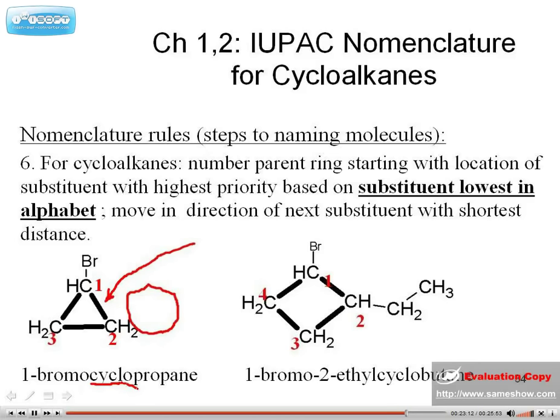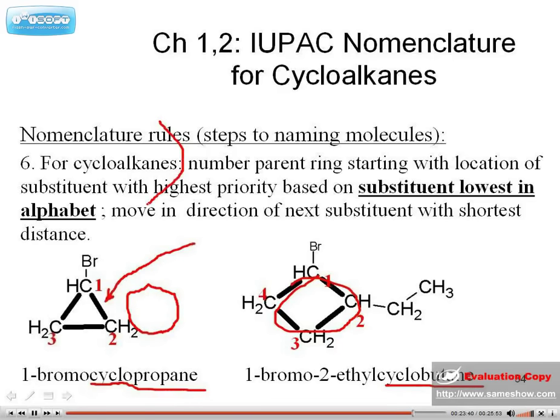If there's 3 carbons in the cyclic structure, then it's cyclopropane. If it's 4 carbons in the cyclic structure, then it's cyclobutane.